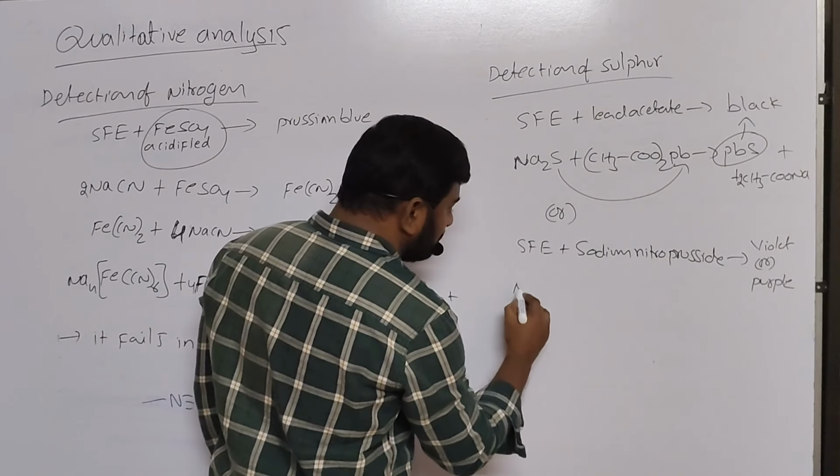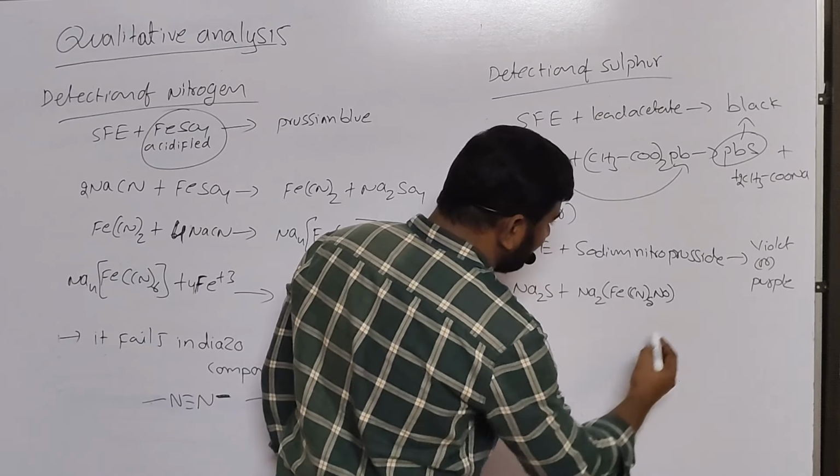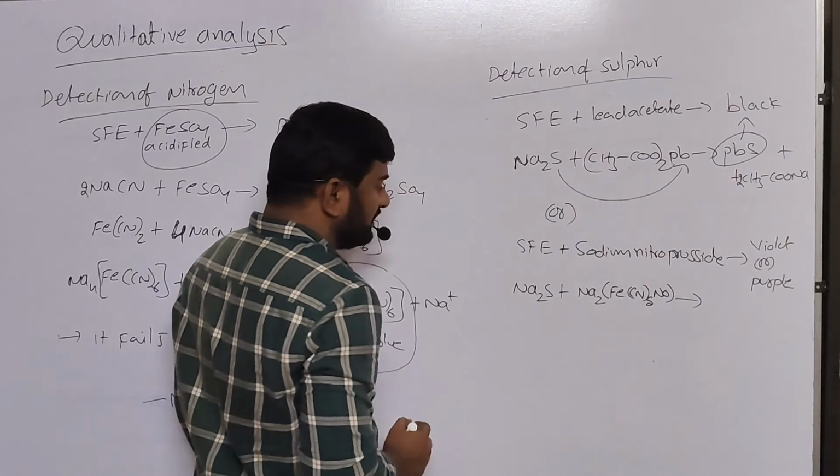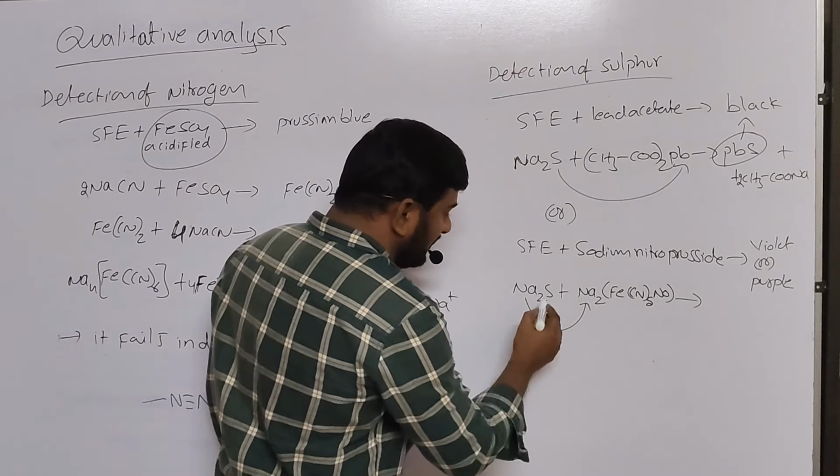Here the sodium extract is Na2S. The sodium nitroprusside formula is Na2[Fe(CN)5NO]. To this, when SFE is added, the 2 Na will add here, and next this S will add to the NO.